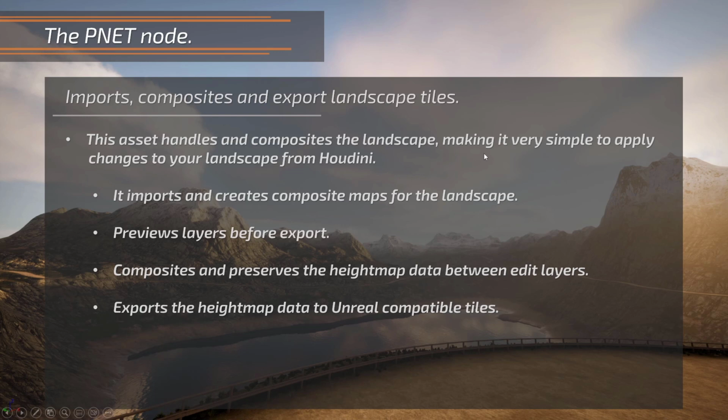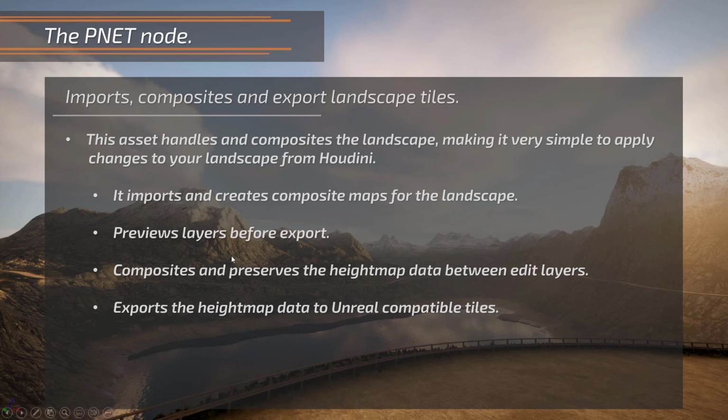And the idea again is to make it very simple to apply changes to your landscape from Houdini, and then have this node handle all the logistics of compositing the edit layers together, managing the data, managing the materials and the settings and the attributes. It sets everything up and exports everything. So as long as you don't make any mess in between the import and export process, you should be good to go.